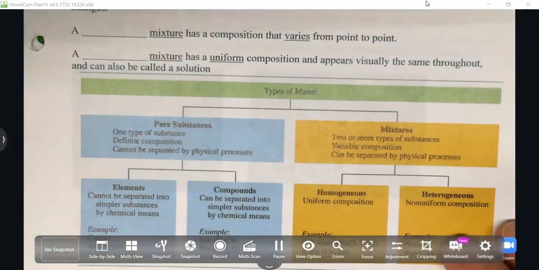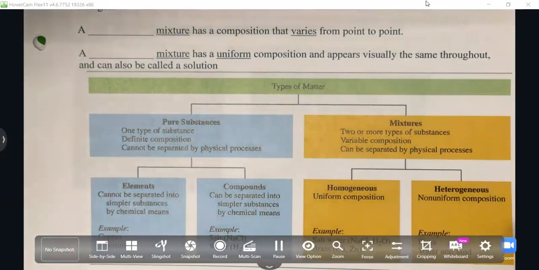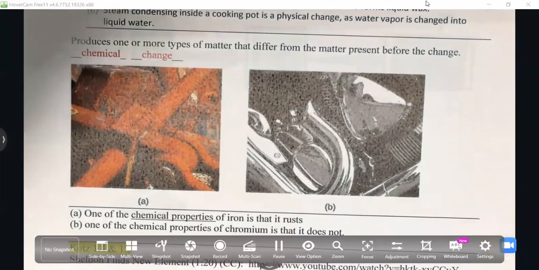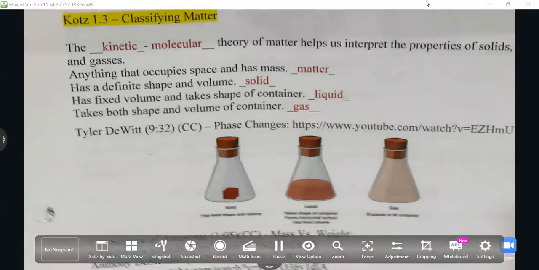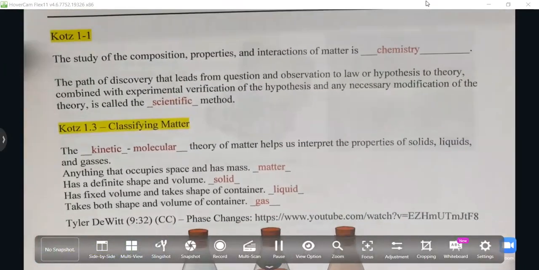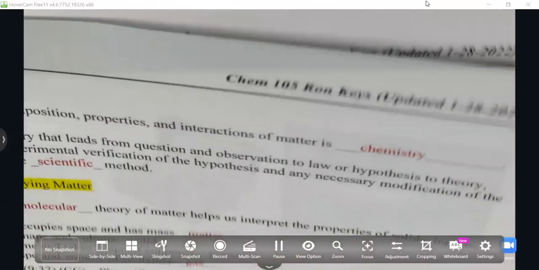Let's move on a little bit here. So some stuff directly out of the textbook. I guess we better have a definition of chemistry, huh?